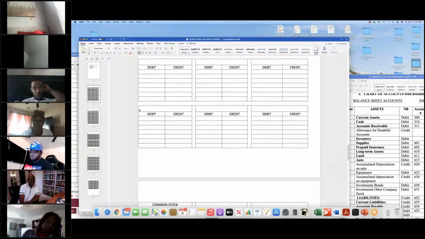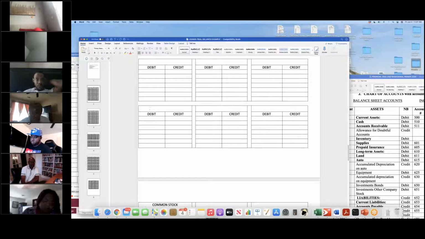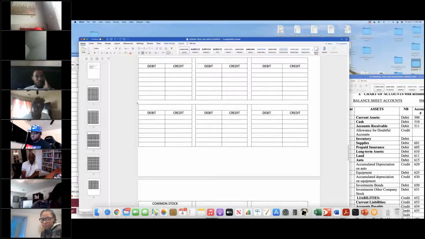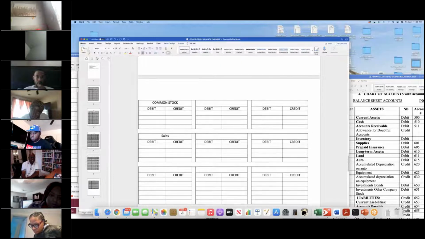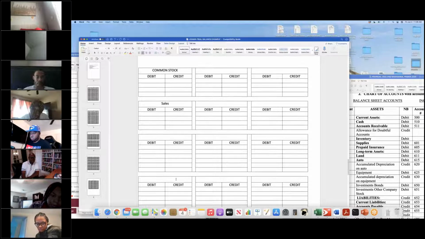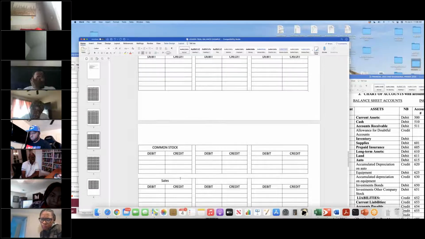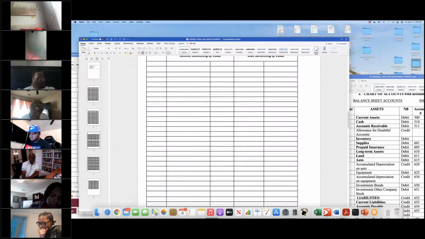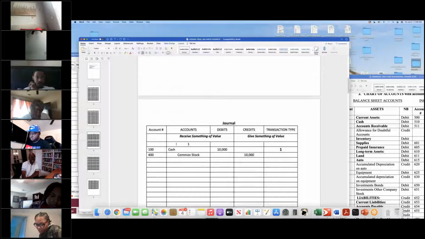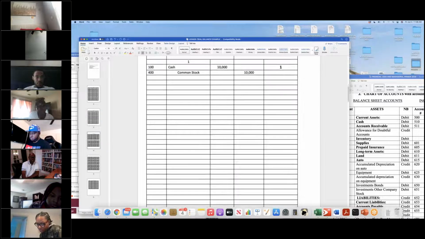We probably put our liabilities here, then the interest related to stockholders' equity, common stock, retained earnings, etc., then our revenue, then our expenses.